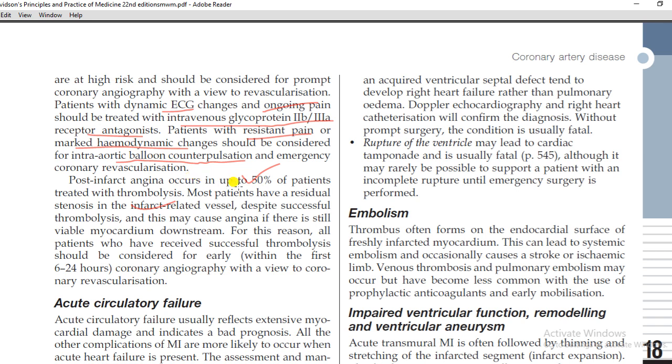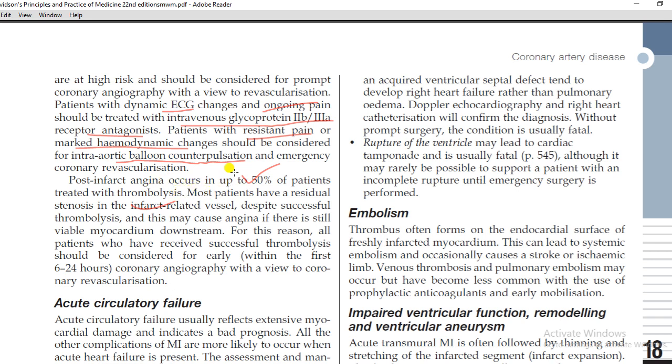Post-infarct angina occurs in up to 50% of patients treated with thrombolysis, so almost 50% of people still suffer from angina after thrombolysis.